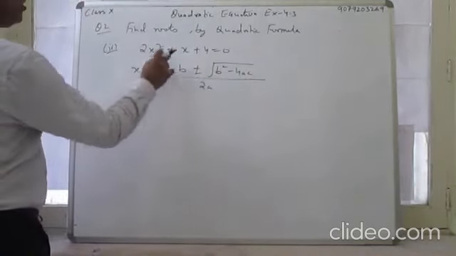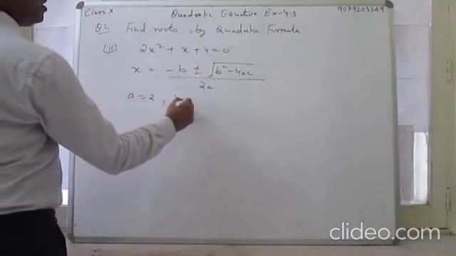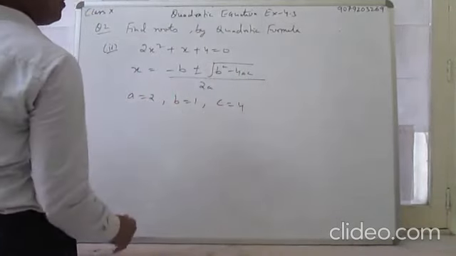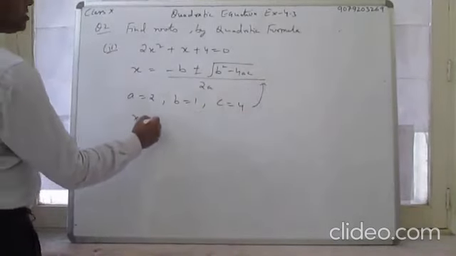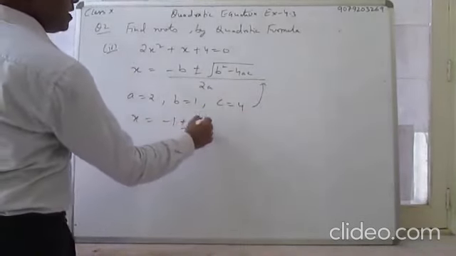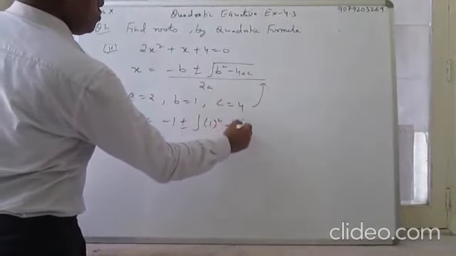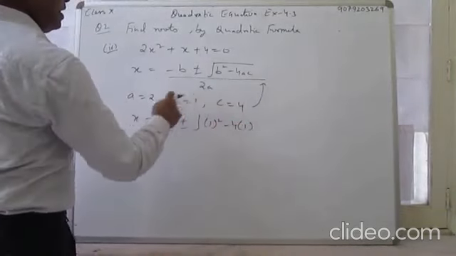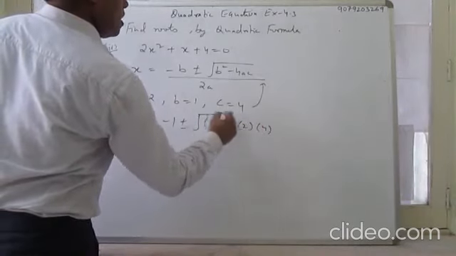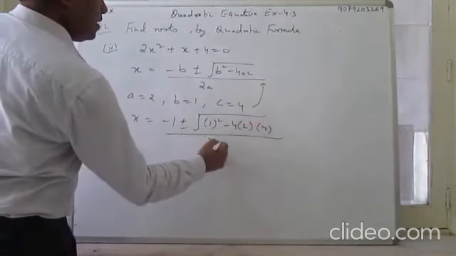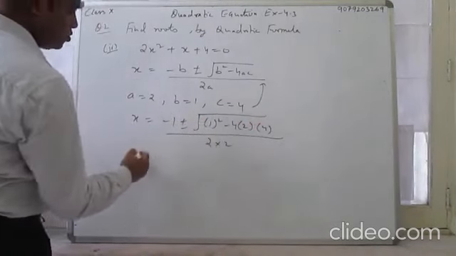Here a is equal to 2, b is equal to 1 and c is equal to 4. Now putting the values in the quadratic formula, x is equal to minus 1 plus minus under root 1 square minus 4 into a, which is 2, and c is 4, upon 2a. A is 2. Solve it.